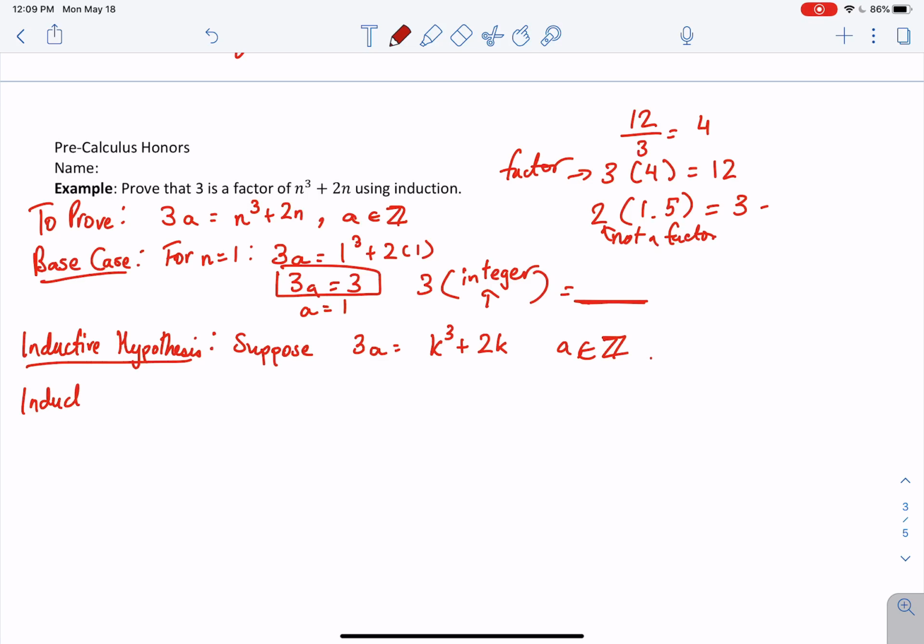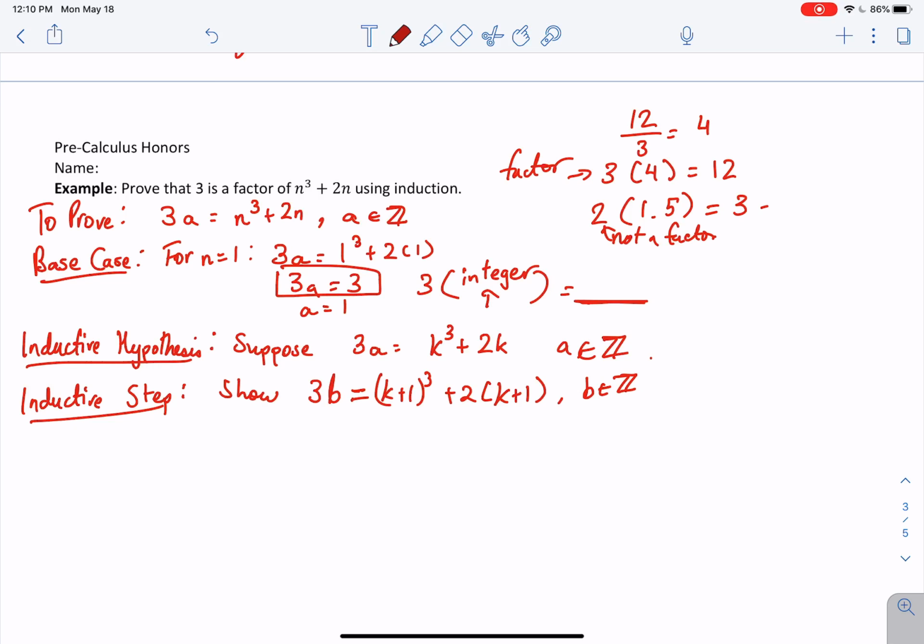Then we need to show that 3 times some other whole number value, I'll use b because these numbers aren't the same, right? The thing you're multiplying 3 by. But 3 times a whole number should be k plus 1 cubed plus 2 times k plus 1. And this also needs to be an integer.